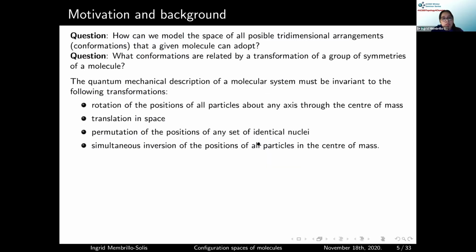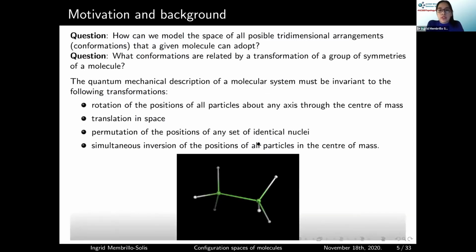The quantum mechanical description of a molecular system must be invariant to any of the following transformations. If I rotate the position of particles about any axis through the center of mass, any conformation that I get doing this operation should be equivalent. These two conformations would be equivalent physically and chemically. So we need to get rid of these transformations to avoid duplications of conformers.